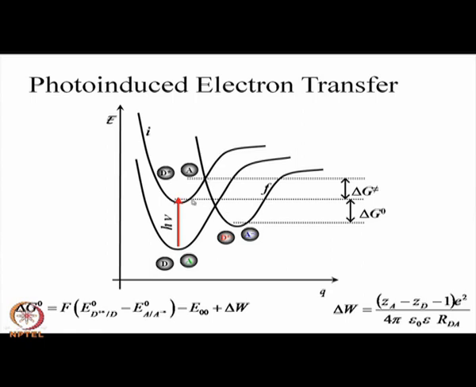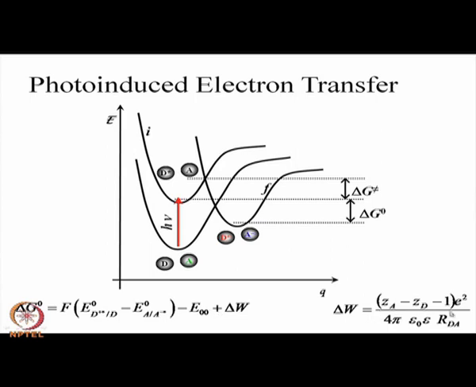The corresponding delta G 0 for the process where one is D star and the other is A is this, and delta G 0 is equal to F into this one, this is your D plus D, that is your oxidation potential, and this is your reduction potential of A, and this is your delta W, and this is your 0 energy.